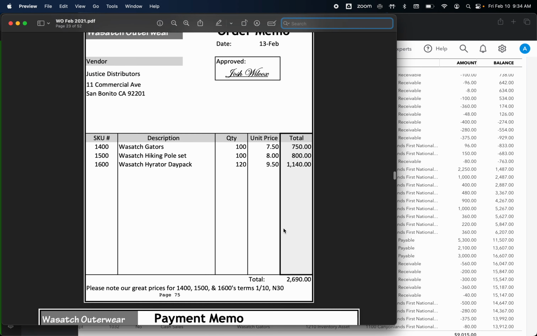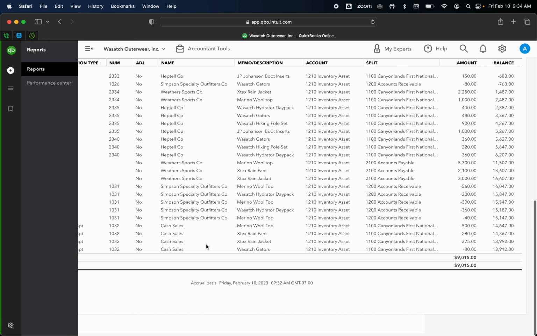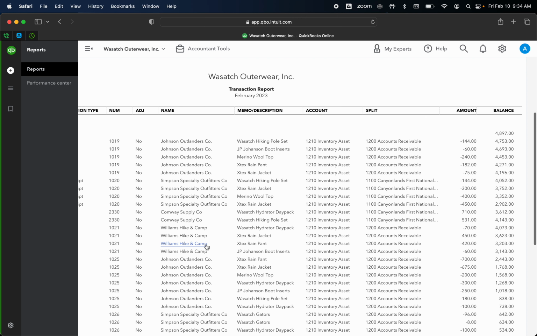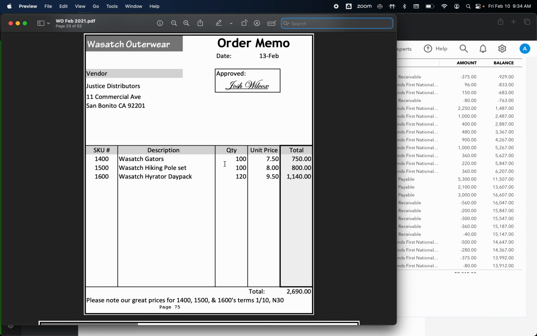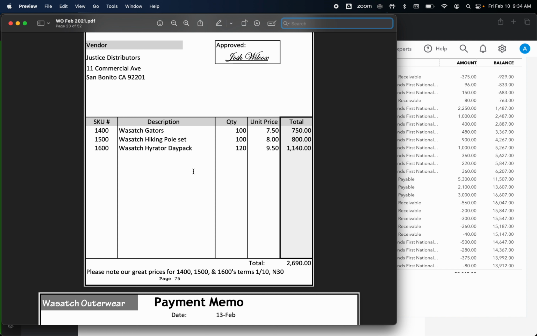Memo. Let's just worry about the order memos right now. Justice distributor. So we have Wasatch Gator, we have Wasatch Hiking Pole. Justice distributors.